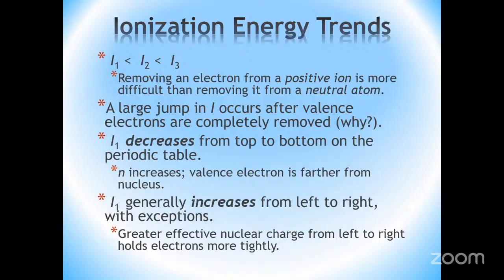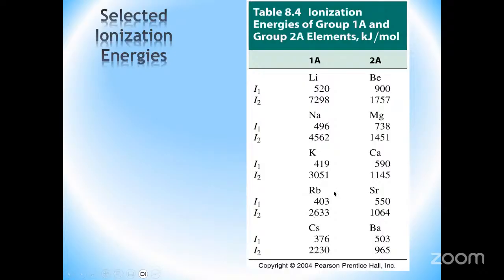So going from left to right of any period, the energy required to remove the valence electron would generally increase because of the decreasing distance between the nucleus and the valence electron. Now, there are some exceptions to this, and these are slight exceptions, and there's an explanation for that. I think the next slide deals with that, let me see here.